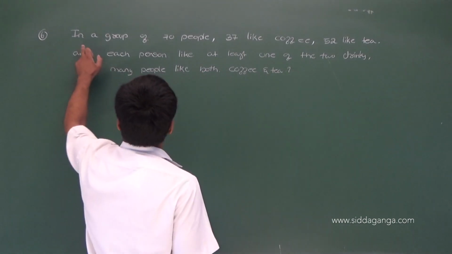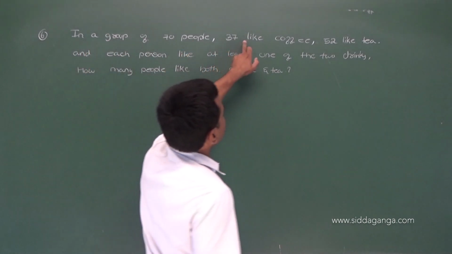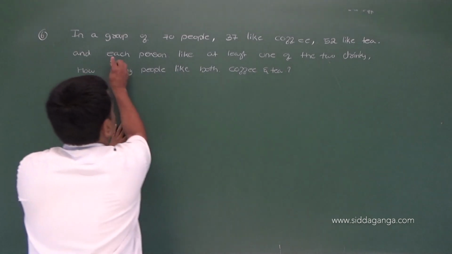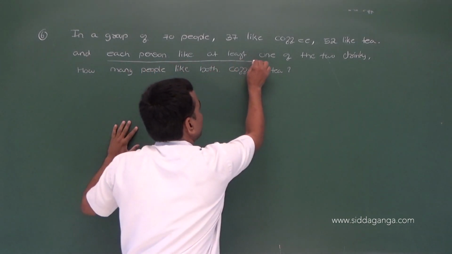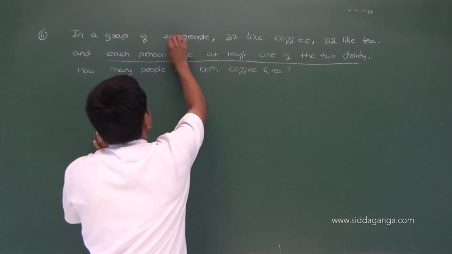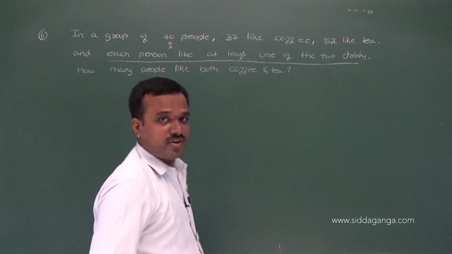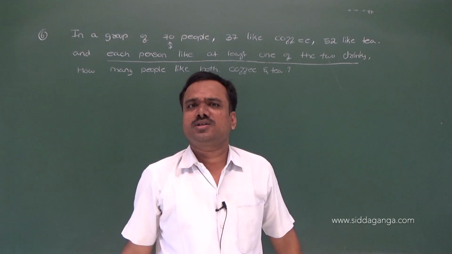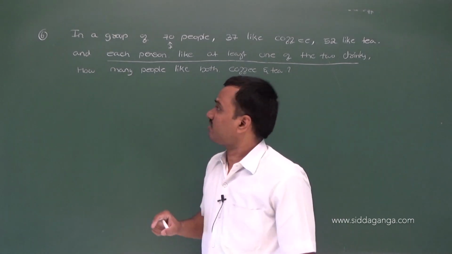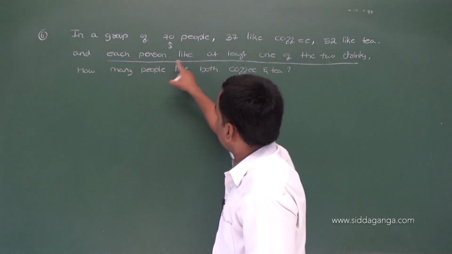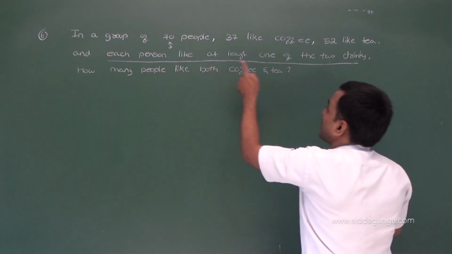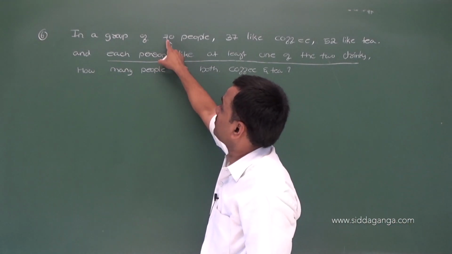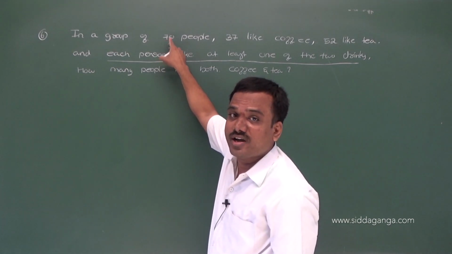See the question. In a group of 70 people, 37 like coffee, 52 like tea, and each person, this is a very important concept, each person likes at least one of the two drinks. So these 70 people like at least one of the two drinks, whether they like both drinks or one drink, either tea or coffee. This sentence, what I underlined, each person likes at least one of the two drinks, indicates this is nothing but the union of coffee and tea.